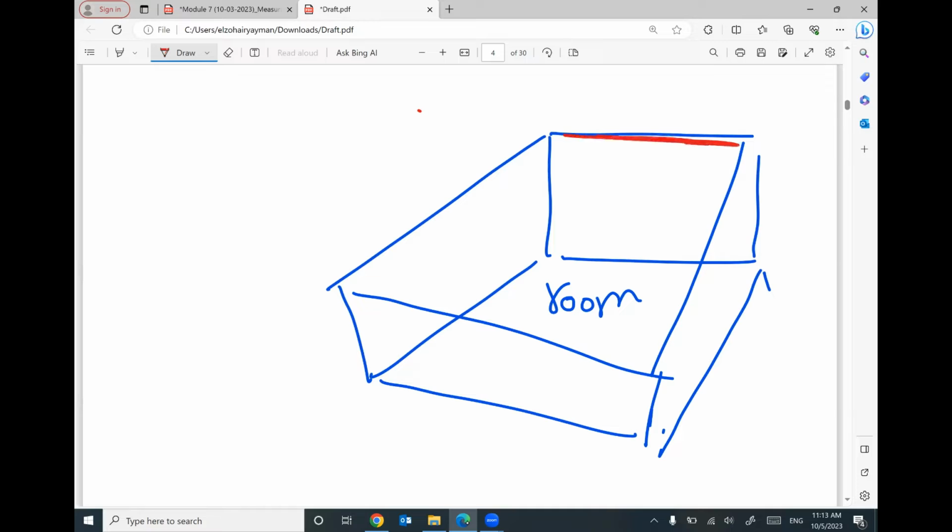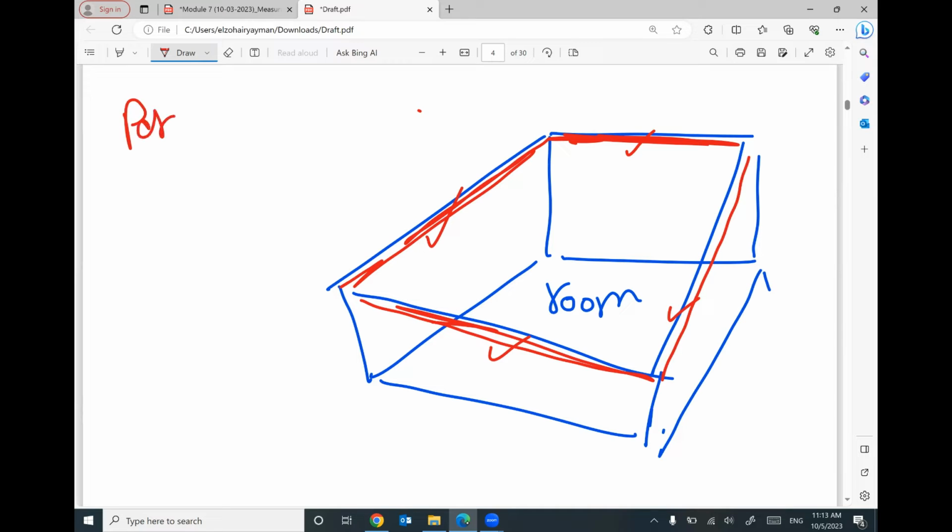What is the length of this wall plus the length of this wall plus the length of this wall plus the length of this wall. So get the perimeter of all walls.